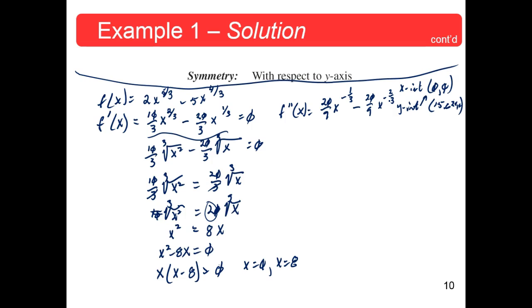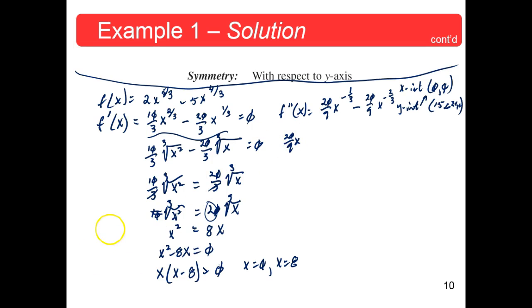Now, yes, we set it to 0 or where it's not defined. Okay? And let's first set it equal to 0. So that'll be 20/9 x to... Can I go on and write that?